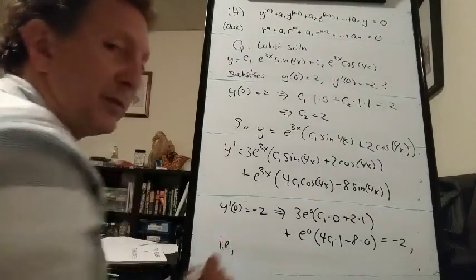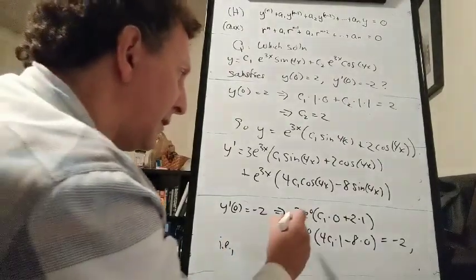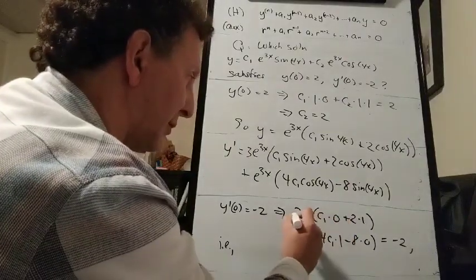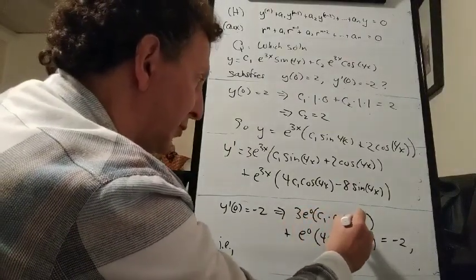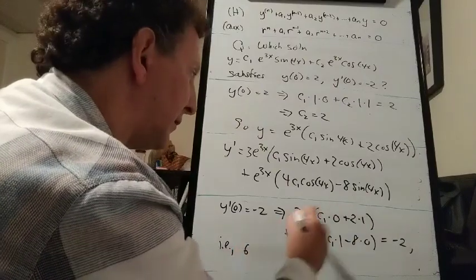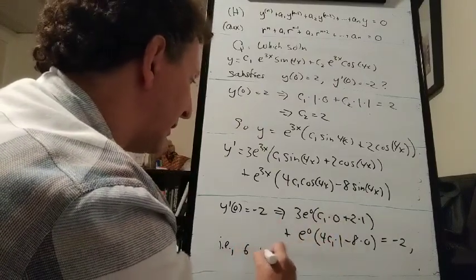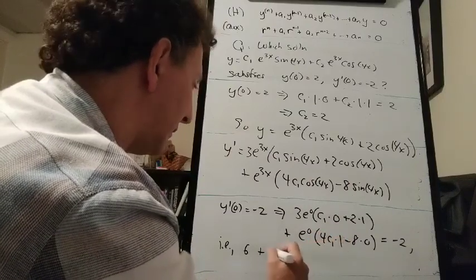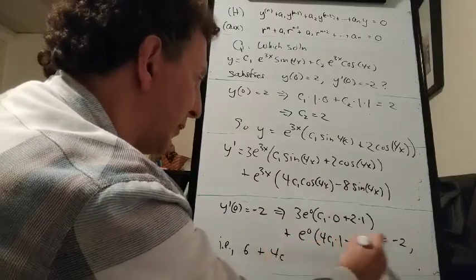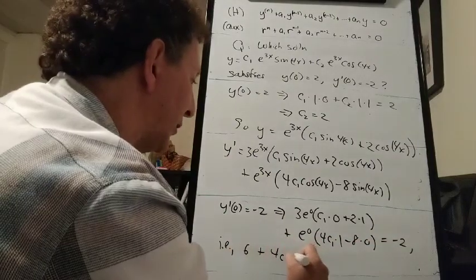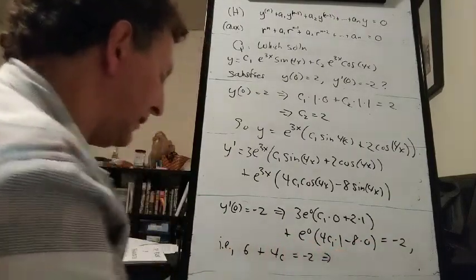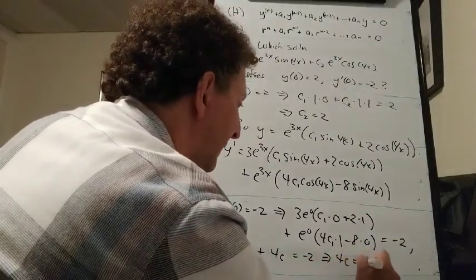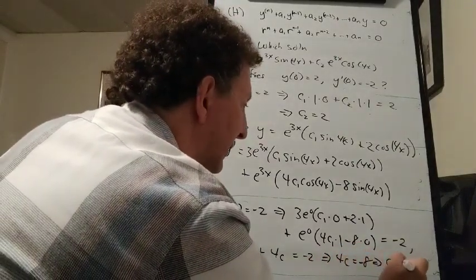In other words, 3 times 2 times 1, 6, plus e to the 0th is 1, 4c, minus 0. So 6 plus 4c equals negative 2. That means that 4c is negative 8, which means that c is negative 2.